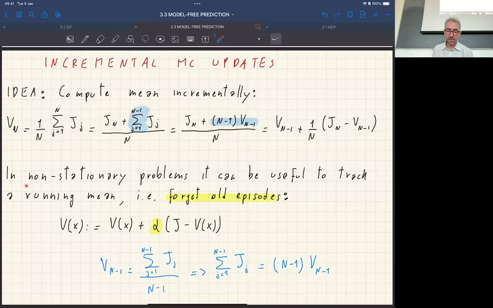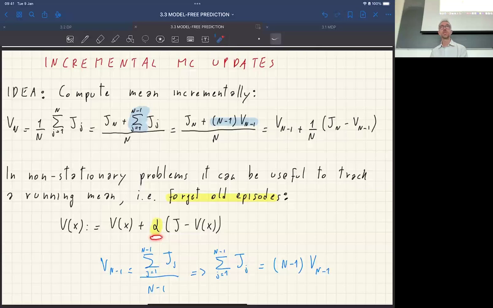Also, in case the system we are working with is non-stationary, so it changes with time, which makes it much more difficult to work with, maybe we don't want the updates to our value to tend to 0. And so we can substitute this 1 over n that we have in front of the update with a constant factor alpha.